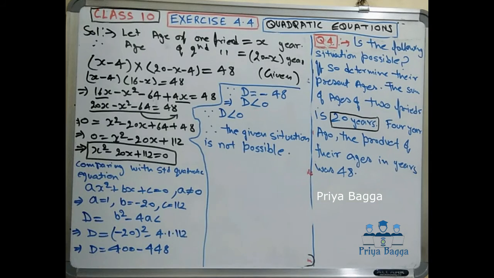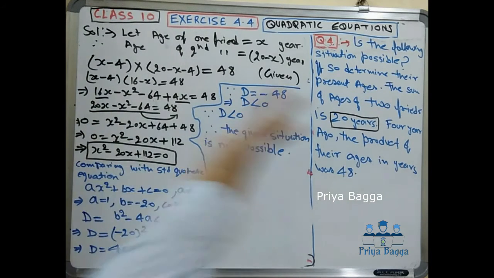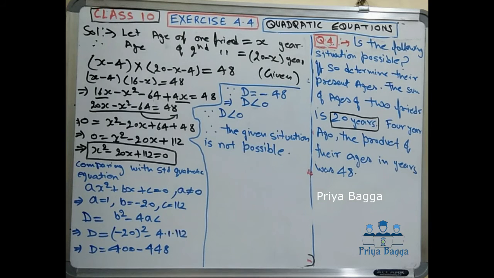Okay, so this is a very simple question. The important thing is that in the chapter of quadratic equations, we have already learned how to convert this statement into a quadratic equation, and once we can do it, we can very easily do the operations. So I hope you like this video.